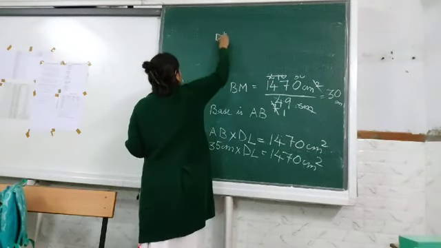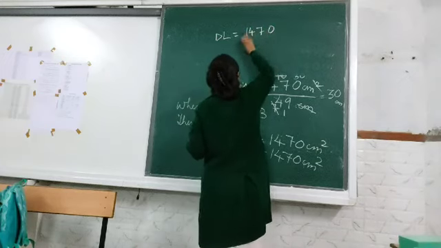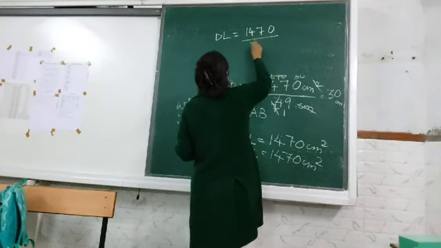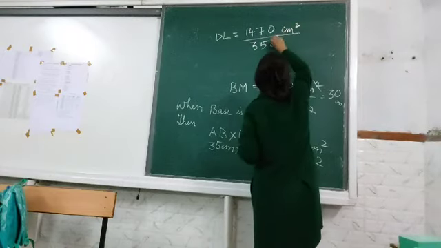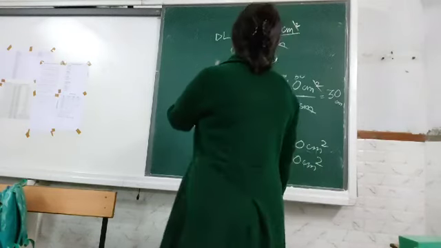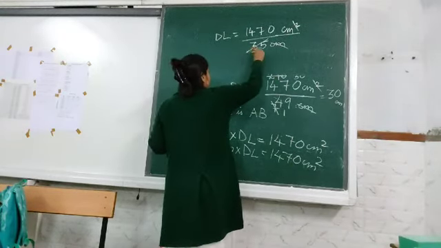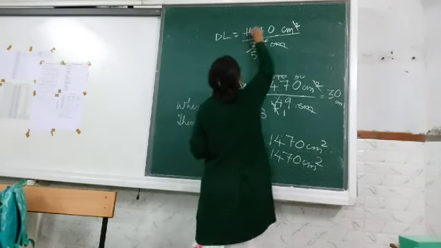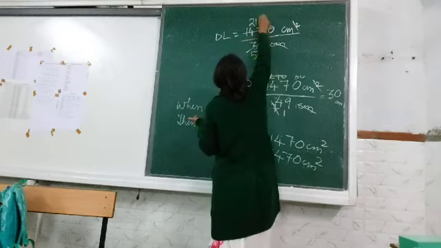So, DL is equal to 1470 divided by 35 centimeter square. 1 centimeter and 1 centimeter gets cancelled. Both will go by 7. 7 5s are 35 and this was 210. Directly I am writing 210.